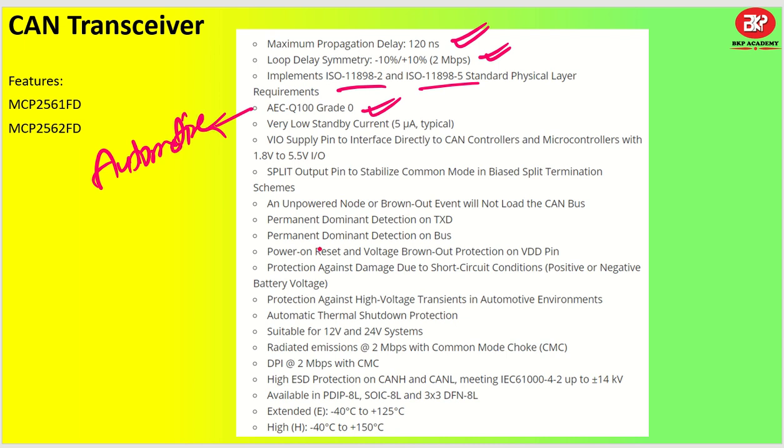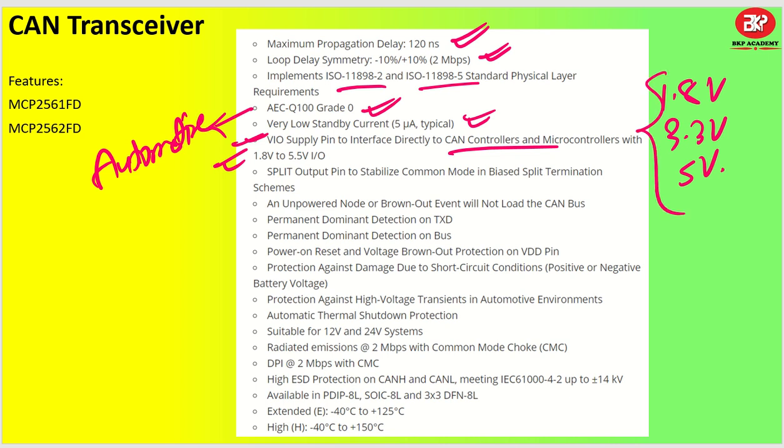Now it has very low standby current, typically 5 microampere, that's all. And it has a VIO supply pin, which can be directly connected to a CAN controller or microcontroller with 1.8 volt to 5.5 volt IOs. So even if your microcontroller has 1.8 volt IOs, 3.3 volt IOs or 5 volt IOs, any of these voltage levels of microcontroller input output pins can be directly connected to this CAN transceiver.